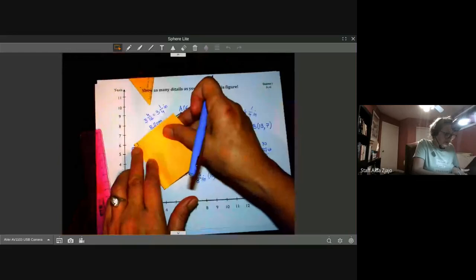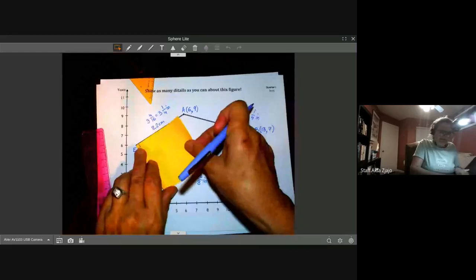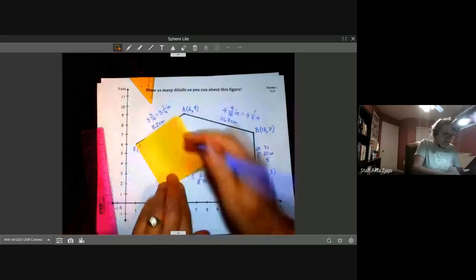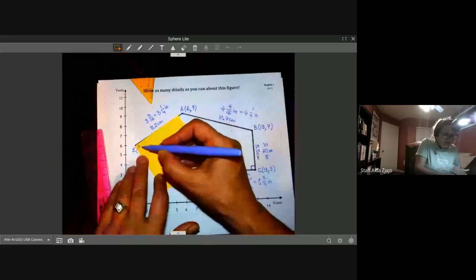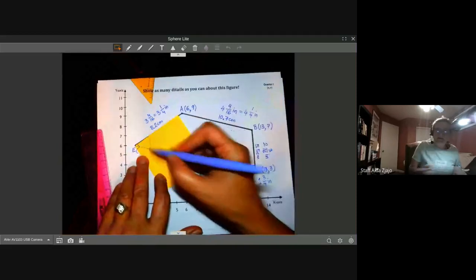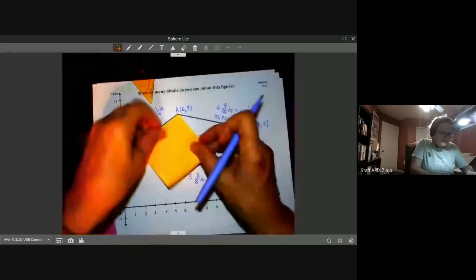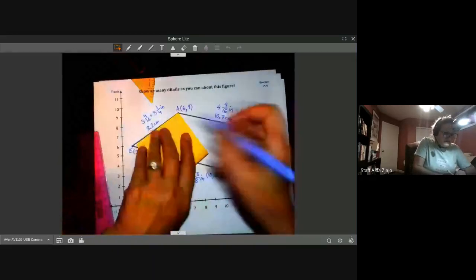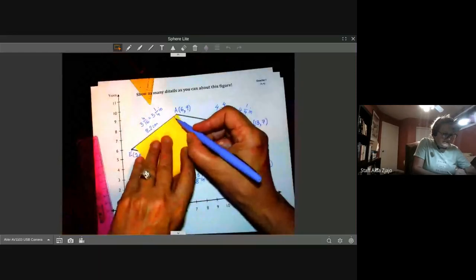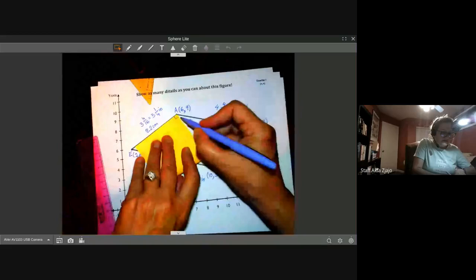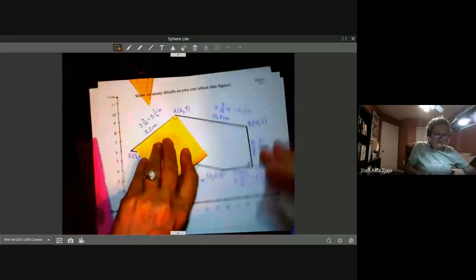If I wanted this angle to be 90 degrees, this line segment should be here, but it's not. It's about right here, so that tells me the angle is smaller than 90 degrees. If I take that page right here, the right angle is right here, so this angle is greater than 90 degrees. It has to be an obtuse angle.